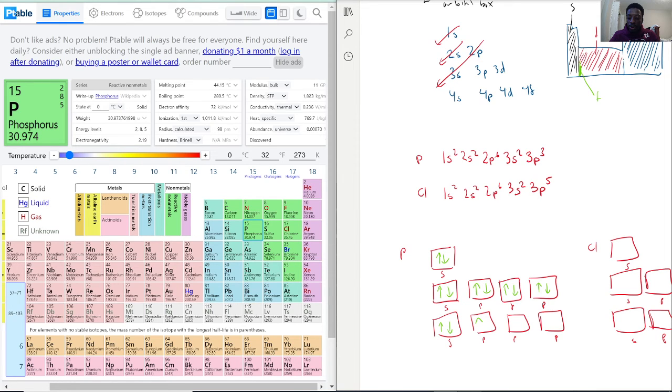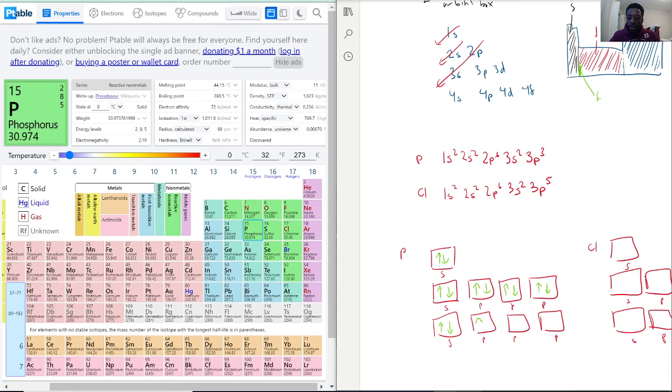So as you can see here, orbitals get filled halfway first, like 1 in each, and then it goes back and fills in again. And chlorine, the same thing here. 1, 2, 3, 4, 5, 6. And so we have 1, 2, 3, 4, 5. So now we have both the orbital box notation for phosphorus and chlorine here.